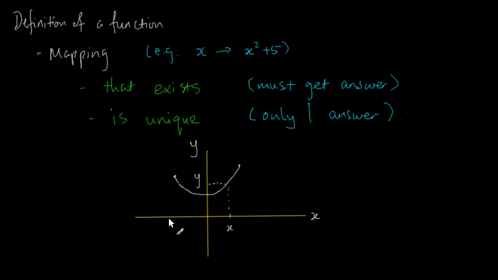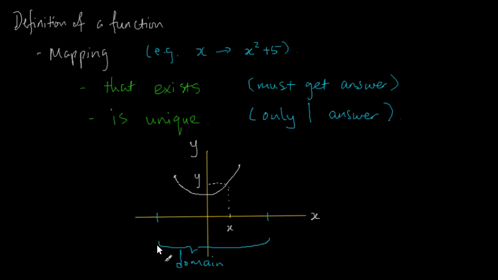It is possible if I define my domain, for example, to be from here to here, and the graph just goes from here to here, it doesn't actually keep going. It's just a small piece of graph.